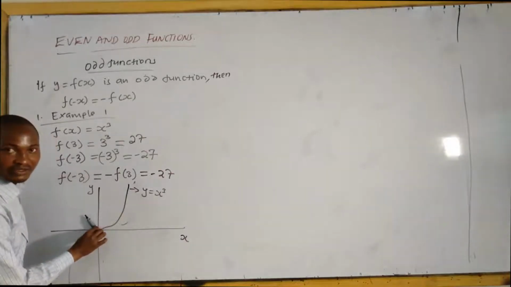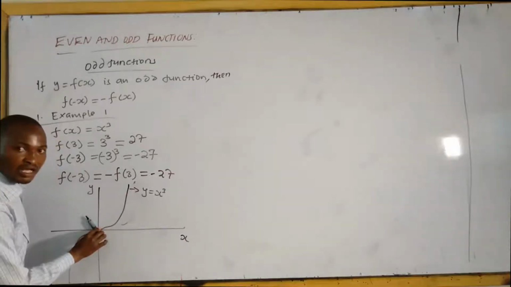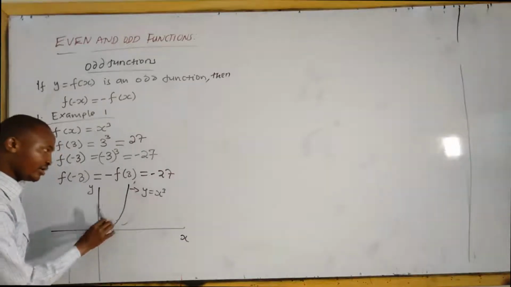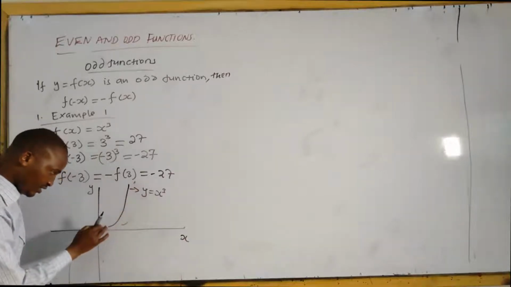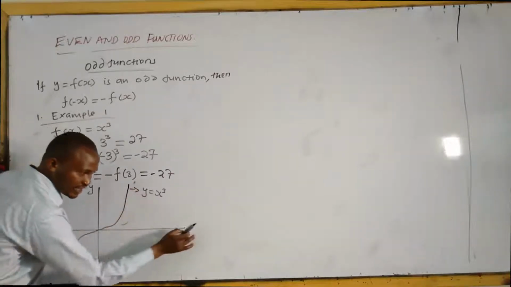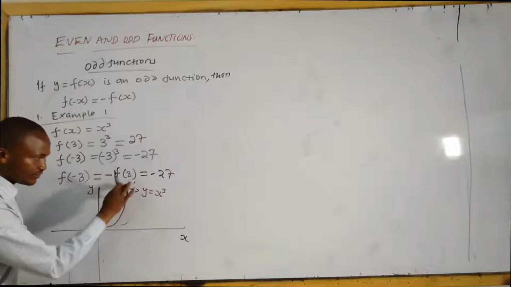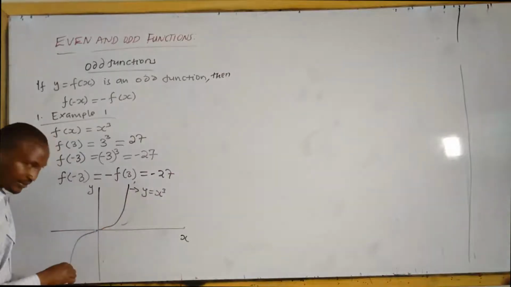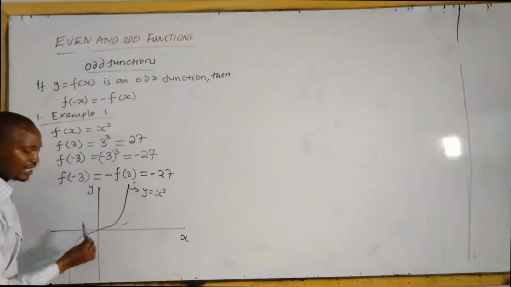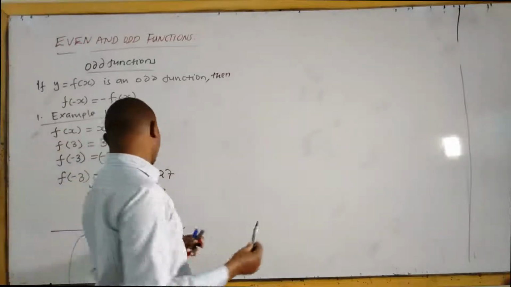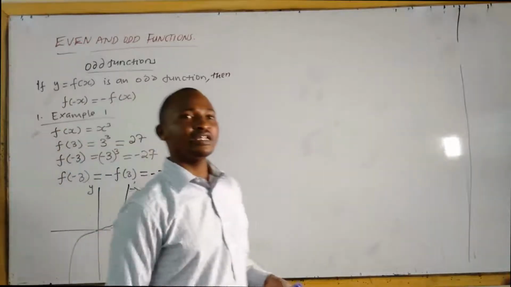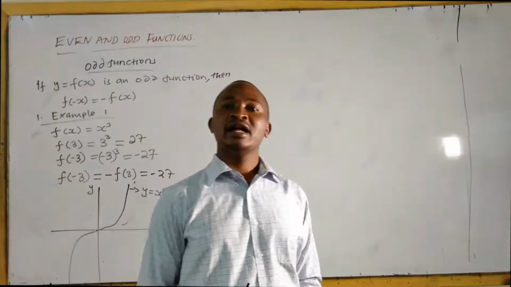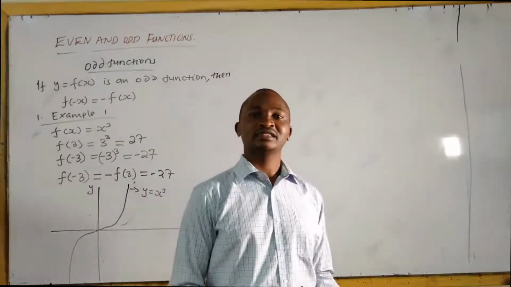If you place a mirror on the origin, the curve on the positive side of the x-axis, this portion, its image inside the mirror is what you are seeing here. Remember, the image in a plane mirror is laterally inverted.